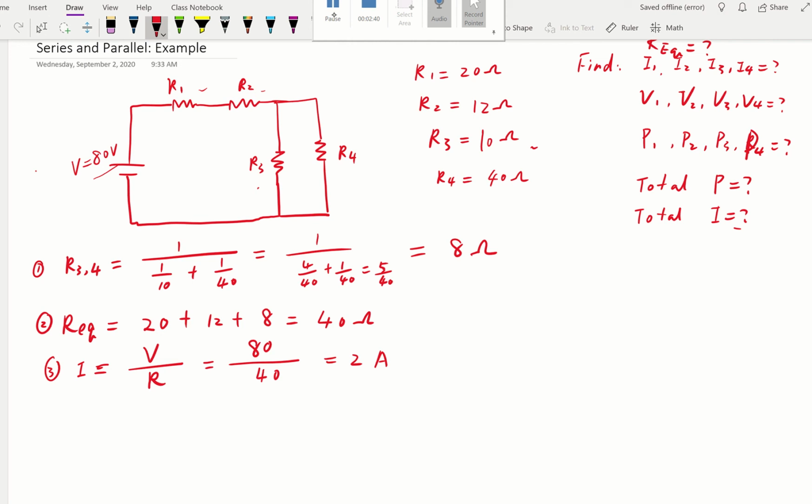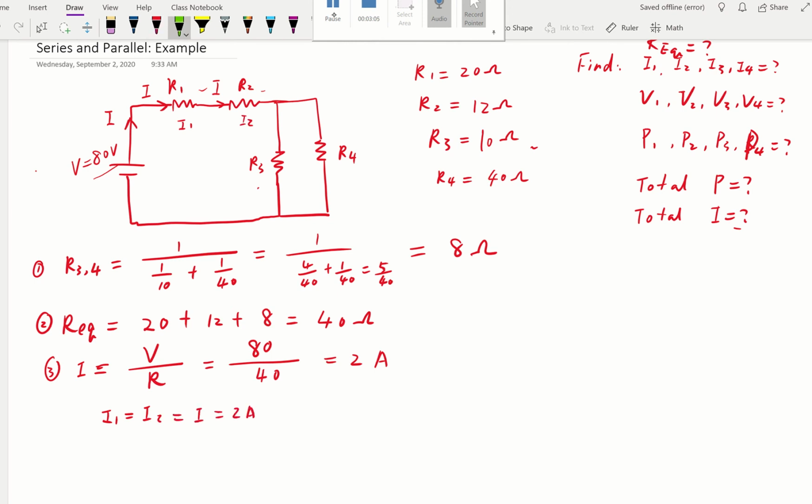That's the I here, and this will be the same I, because they are in series. The current going through components in series is the same. So you already calculated I1 is equal to I2, right? It's equal to I, equal to 2 amps.